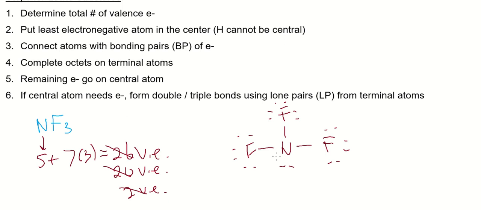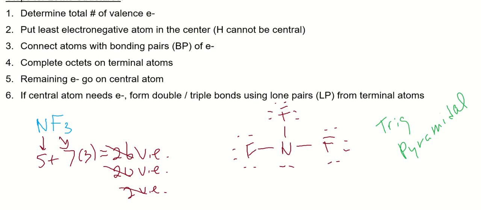Let's take a look at their VSEPR geometry. So around the central atom, there are 4 electron domains. When you have 4 electron domains, the parent geometry is going to be tetrahedral, but because only 3 of them have bonds to atoms, the geometry is going to be trigonal pyramidal.